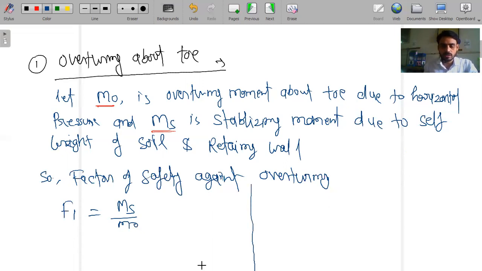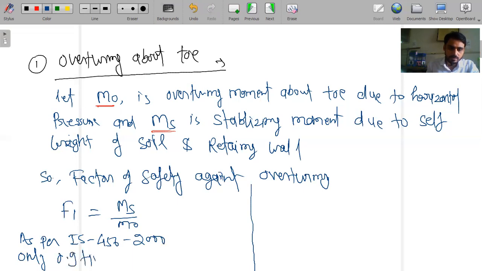But the code IS 456-2000 recommends that the characteristic load will be considered only 0.9 times. That means only a 90% chance will be there for the characteristic load to occur on our structure. So as per IS 456-2000, only 0.9 times the characteristic load will occur.